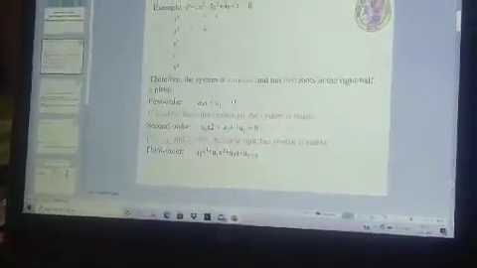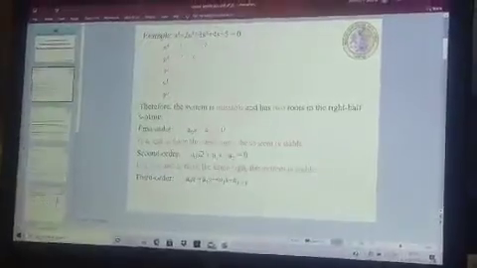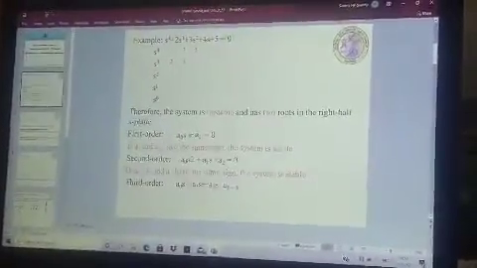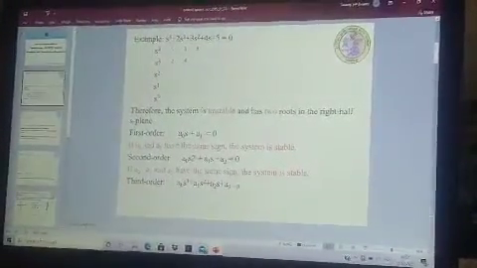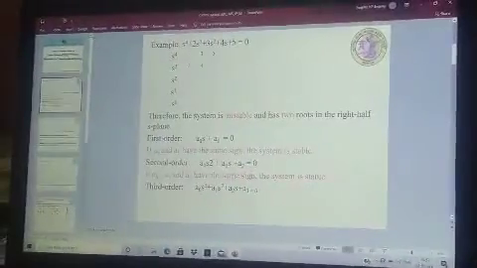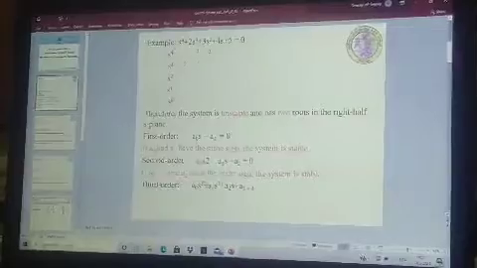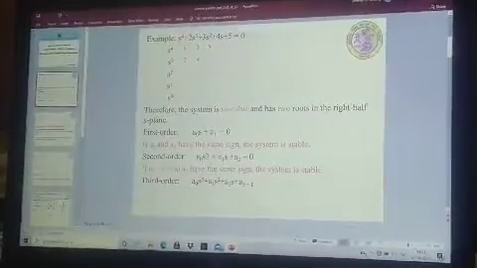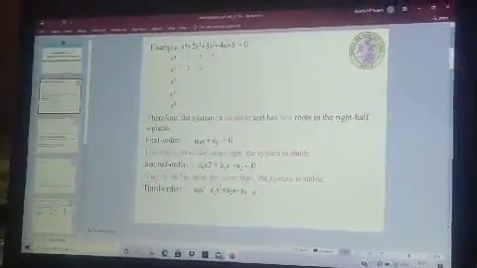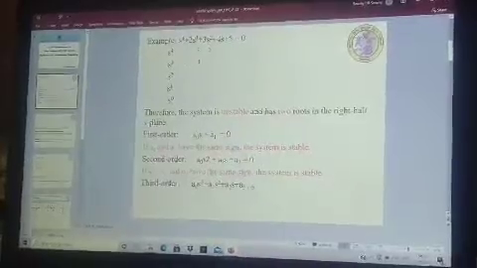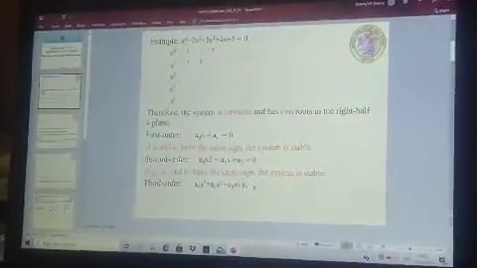So from this, depending on this, for a first order equation from the characteristic equation, A0s plus A1 is equal to 0. That means if A0 and A1 have the same sign, the system is stable.